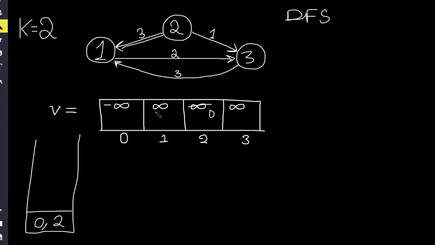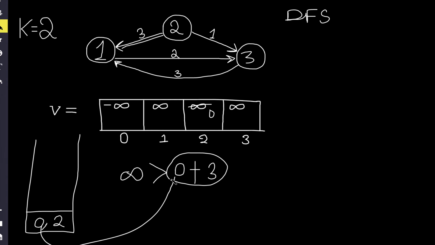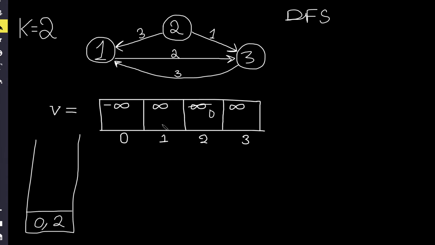Since infinity, the already existing time to reach 1, is greater than the current time taken to reach the node from 2, which is 0 plus 3, we will update this value in our visited array. So we will update the value in the visited array as 3. Time taken to reach 1 is 3.